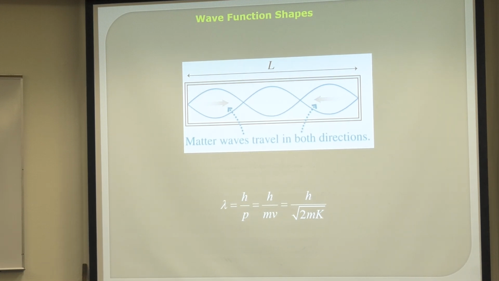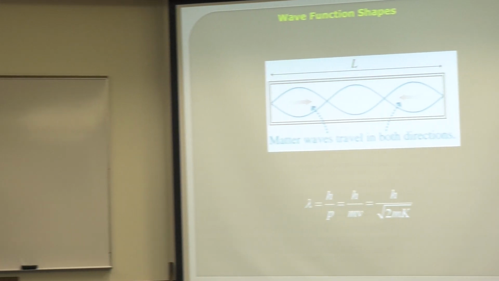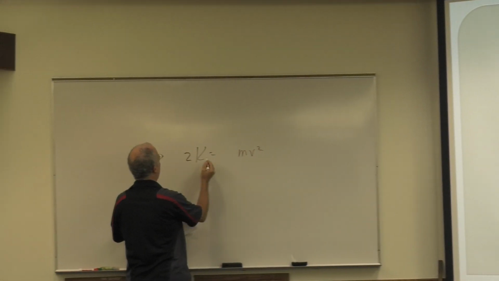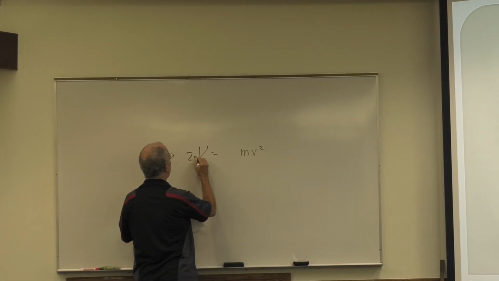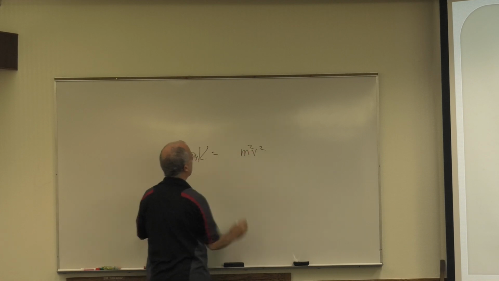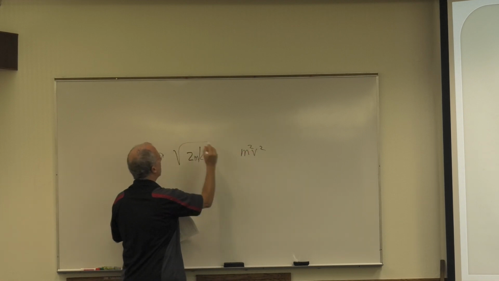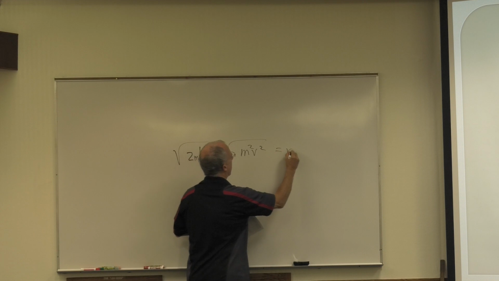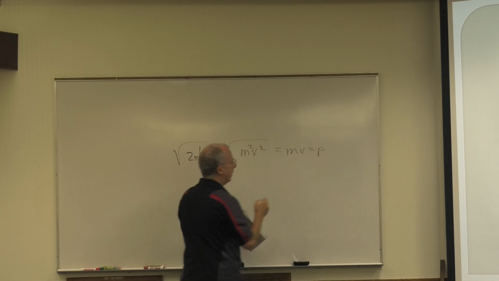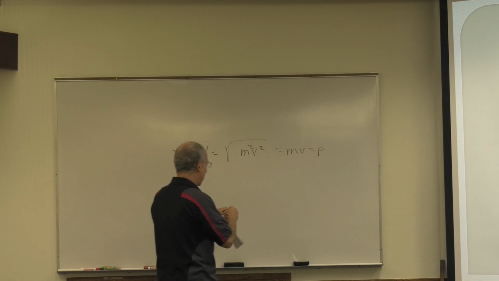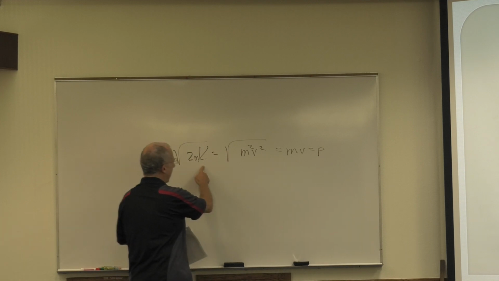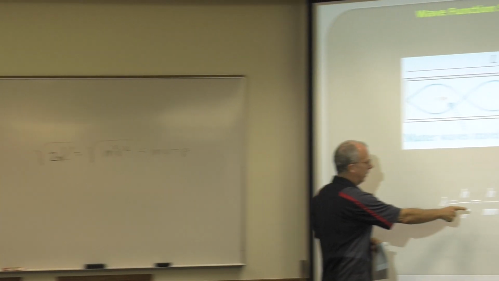So if we multiply this by a 2, then we get rid of the half. We multiply it by m. Then we have to multiply this by m. Then if we take a square root, we get mv, which equals p. So all I'm saying is that the square root of 2mK is equal to mv, which is equal to p.